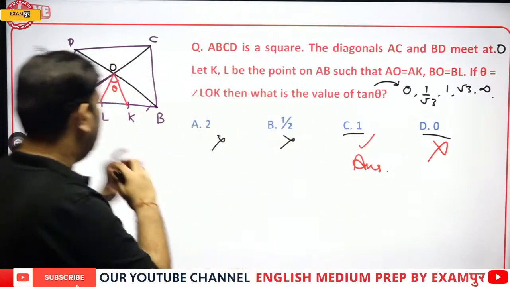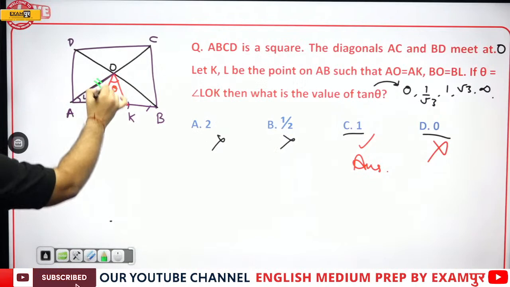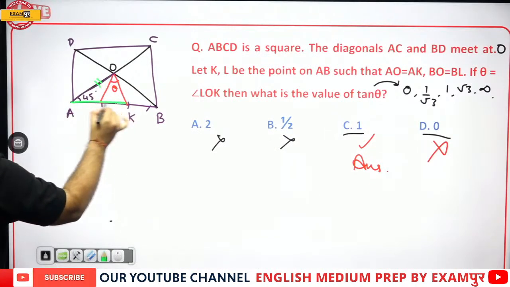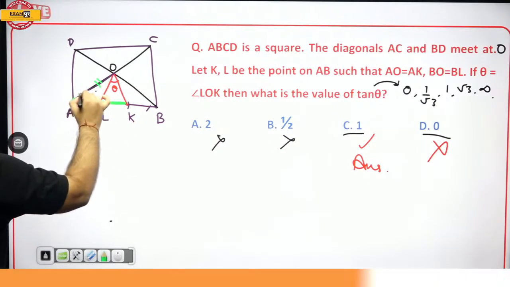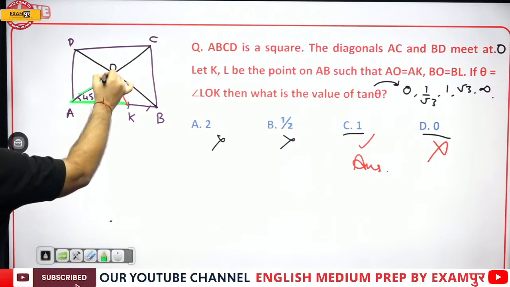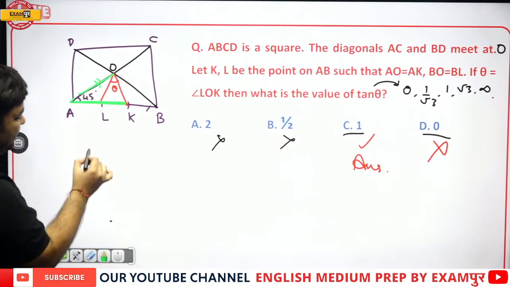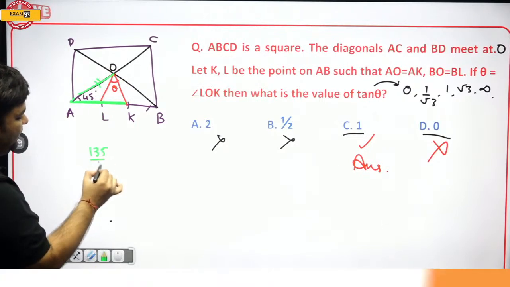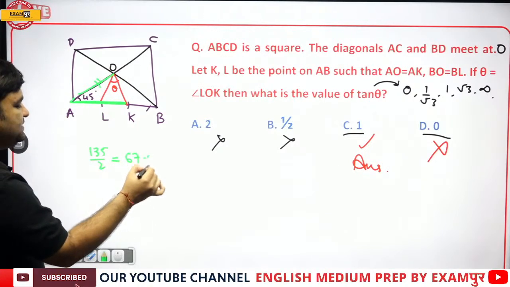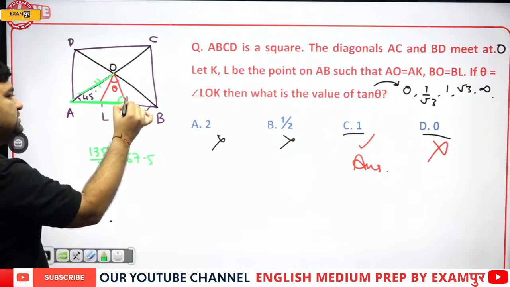If these two sides are equal, then the angles opposite to them are also equal. So 135 divided by 2, 67.5 is this angle.